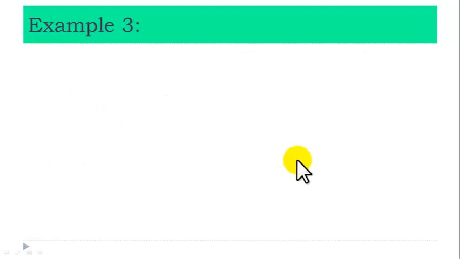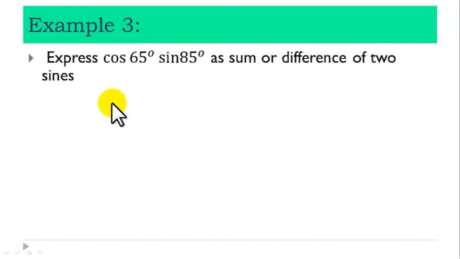Example 3. Express cos 65 degrees sin 85 degrees as sum or difference of two sines. Solution.